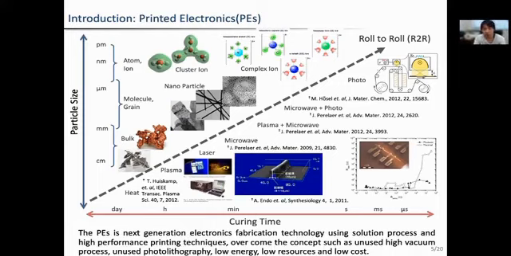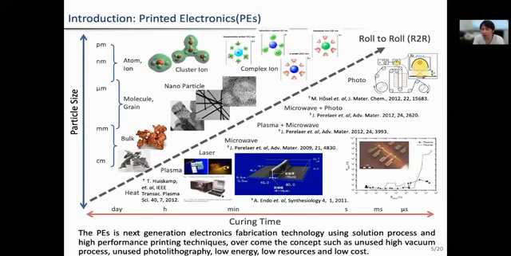There are a lot of printing technologies for next electric device production. We call this technology printing electronics or printed electronics, PE technology. PE technology uses solution processes and high performance printing techniques, overcoming the concept of high vacuum processes and photolithography, with low energy, low material resources, and cost-effective methods.